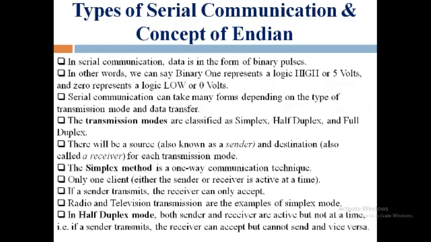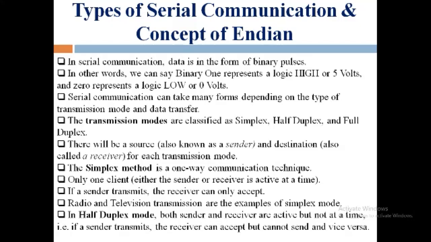Serial communication can take many forms depending on the type of transmission mode and data transfer. The transmission modes are classified as simplex, half duplex and full duplex. There will be a source, also known as a sender, and a destination, also called a receiver, for each transmission mode.